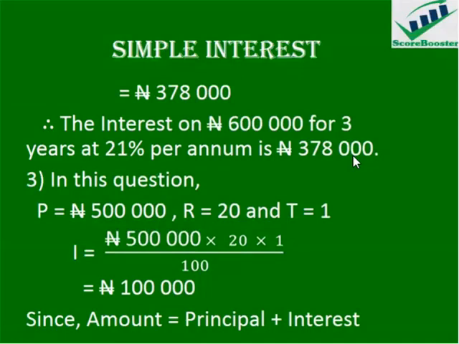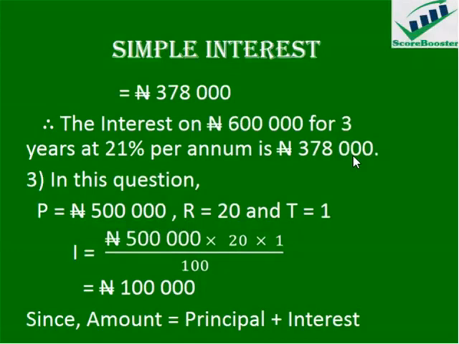I told you the other time that if you obtain a loan from any financial institution, maybe a bank or a microfinance bank or some places where they lend somebody money, they will tell you that okay, we are giving you this particular loan at an interest rate of so percent, and you tell them okay, I'll pay back in 3 years, and they will tell you whenever you want to pay back, you calculate your interest, then we add it to the amount you collected. That's the amount you are going to give to us.